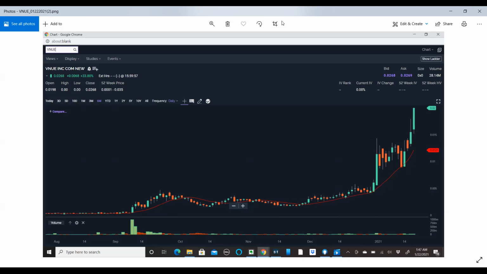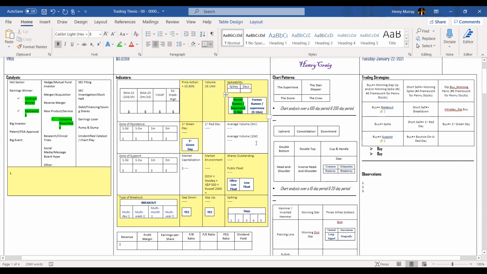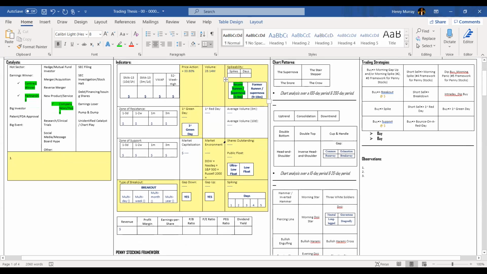All right, back to our template as we regurgitate some of the information that we have already identified from creating our stock list, our watch list. We are just filling in some of that information into our trading template.